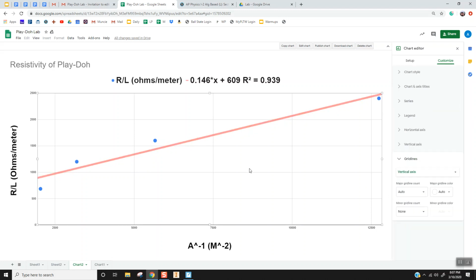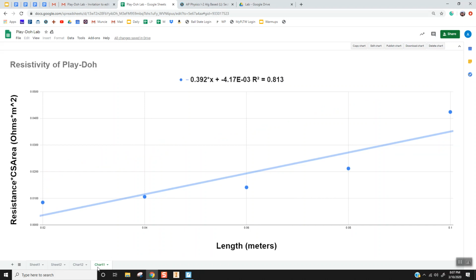So what we can see is that our resistivity of Play-Doh for the second part of our lab is 0.146. That resistivity is a pretty low number, and for our first graph we thought it was 0.392. We're going to attribute this discrepancy to experimental error. Could be the Play-Doh, could be the consistency of the Play-Doh.